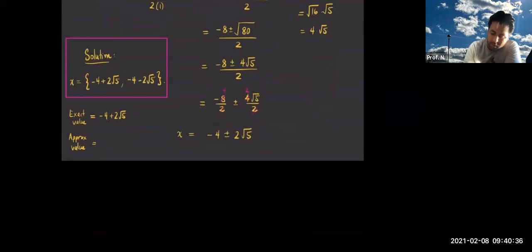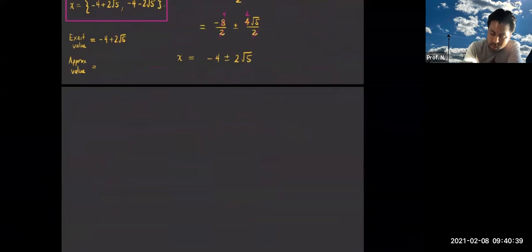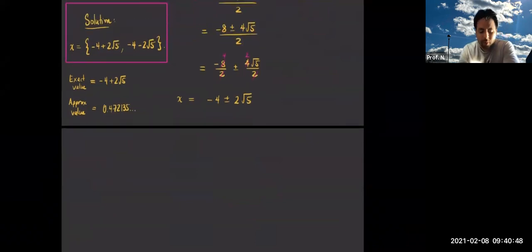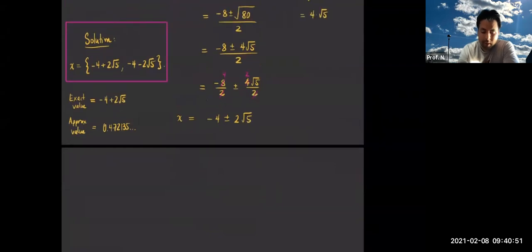If you find it on your own calculator, I believe you'd get 0.472135, and so on. This goes on forever. This is an irrational number. The exact value just means that it's not approximated. It's exactly what it is. Rad 5 is rad 5. But if you want the decimal expansion, then you would have an approximated value. Your calculator only gives you several decimal values, not all of them, because it's an infinite number.